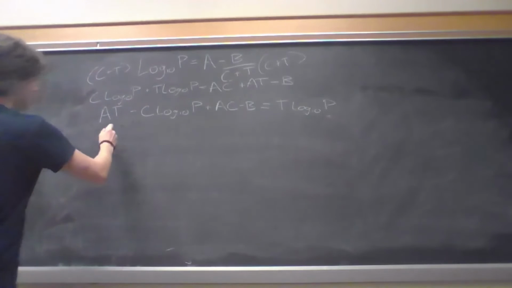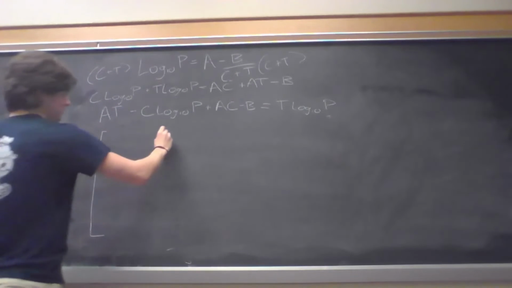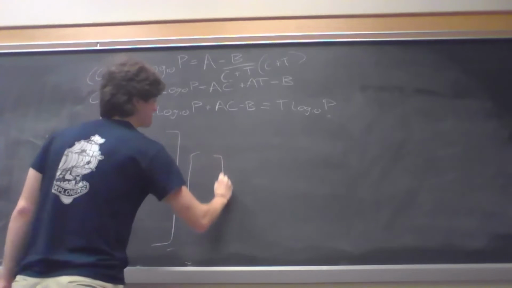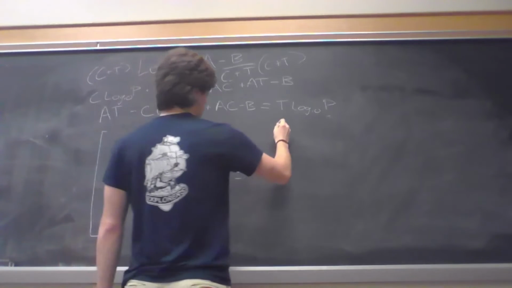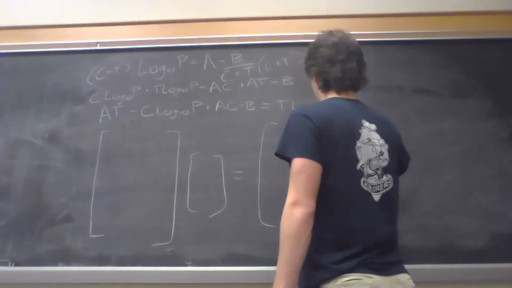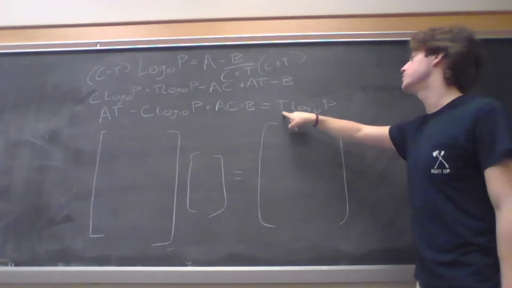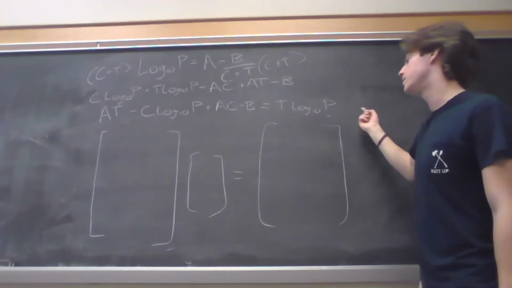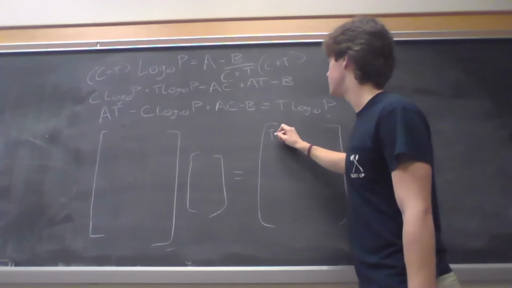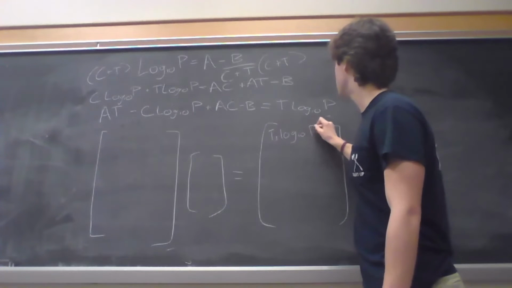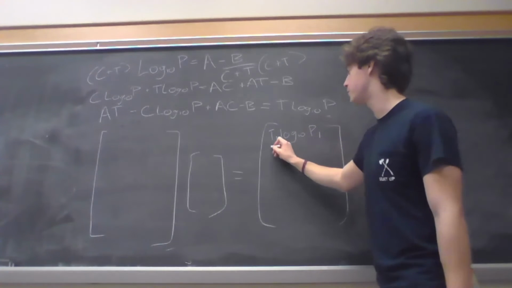So now from here, we can create our design matrix, our matrix of variables, and our solution. So I'm going to start on this side. This one's easy. The only thing on the right side of the equation is just T times log base 10 of P. So in here, we'll have T1 times log base 10 of P1, our first pressure.